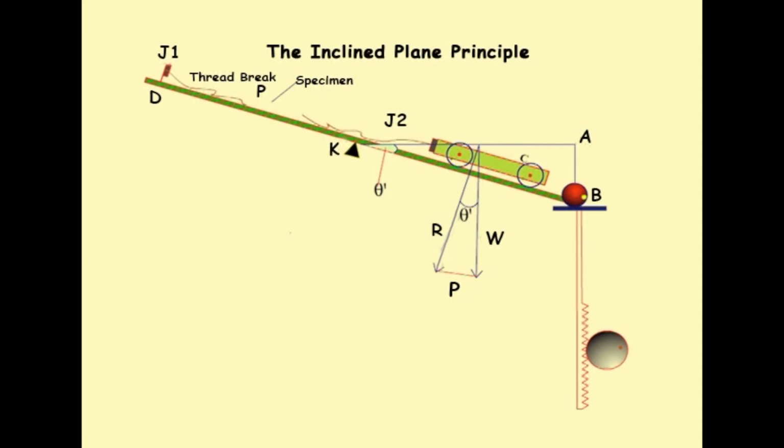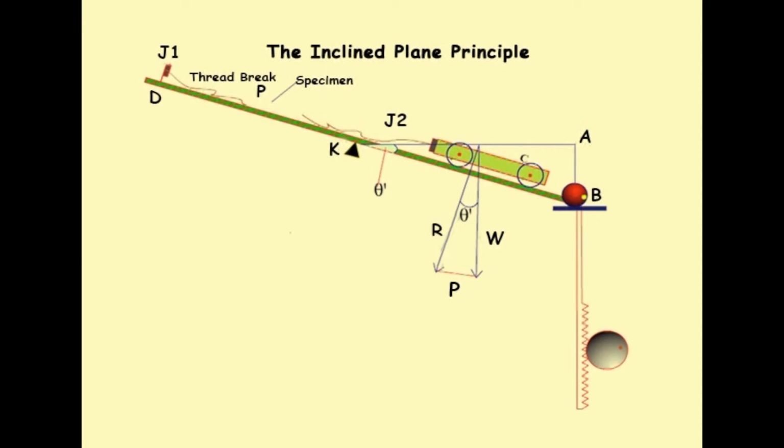The jaw J1 is a fixed jaw to the beam and J2 is a mobile jaw attached to the roll for gripping the specimen. The plane is tilted by dropping the end B, which causes the heavy carriage to roll, thus creating tension in the sample. Tilting of the edge B continues till the specimen breaks.